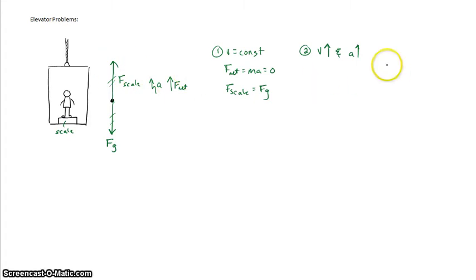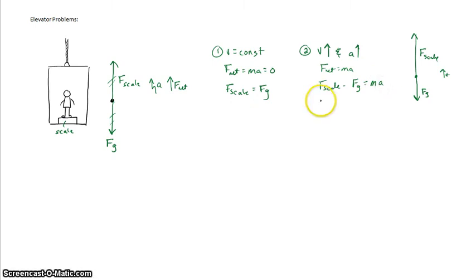Well, as you might imagine, if I draw a little free body diagram, my F scale is going to be bigger than my F sub g. I'm going to call up the positive direction. So if I do F net equals ma, I'm going to have F scale minus F sub g equals the mass of you times your acceleration.